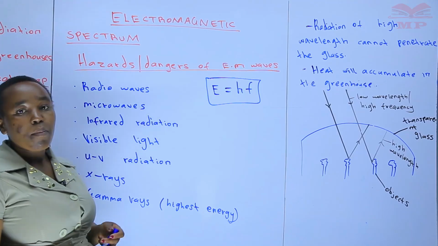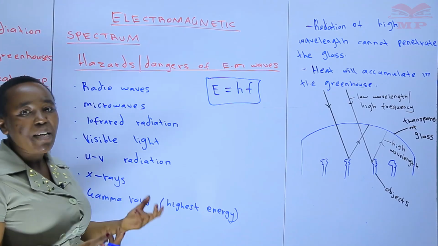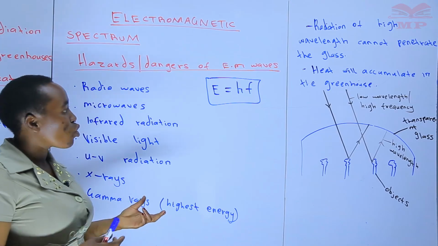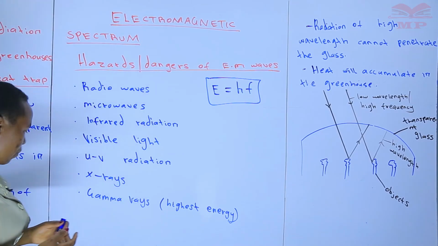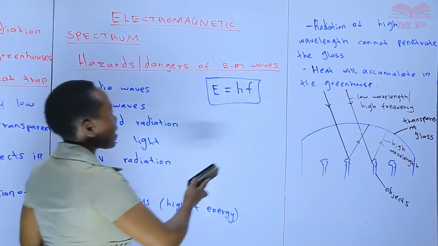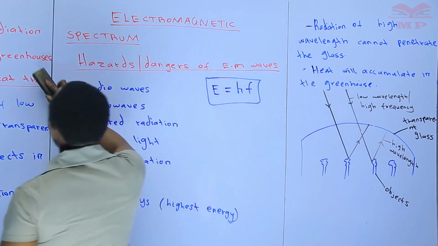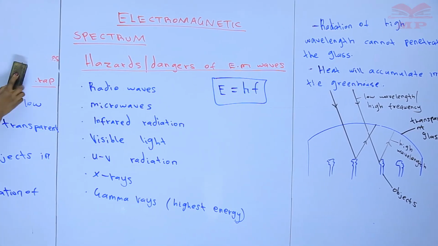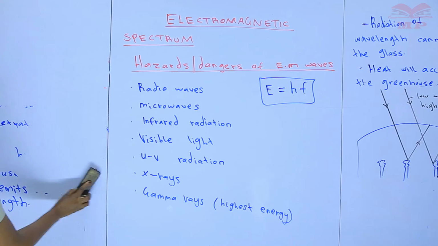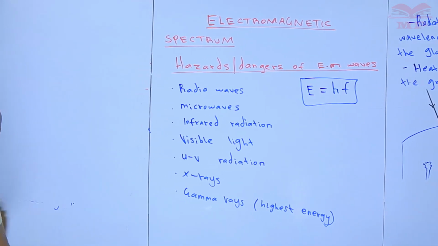Also, it can bring out what we refer to as skin burns, and it can also bring issues with the eye. So we can write those hazards under what we are calling the dangers of some of the electromagnetic waves.